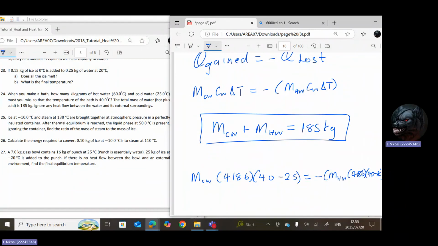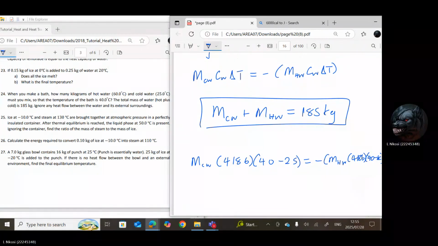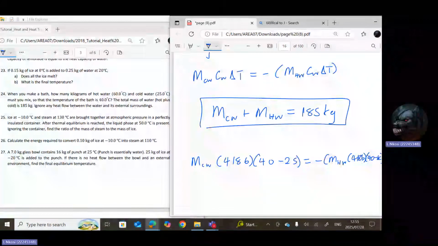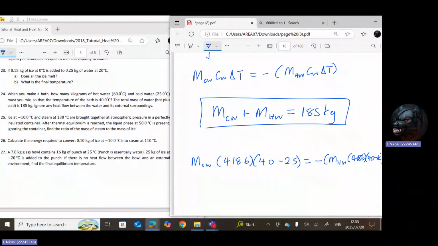Okay, so simultaneously. Should I calculate again? It's 4,186 times 40 minus 25. This would be 62,790 mass of the cold water, equal to 4186 times 40 minus 60.